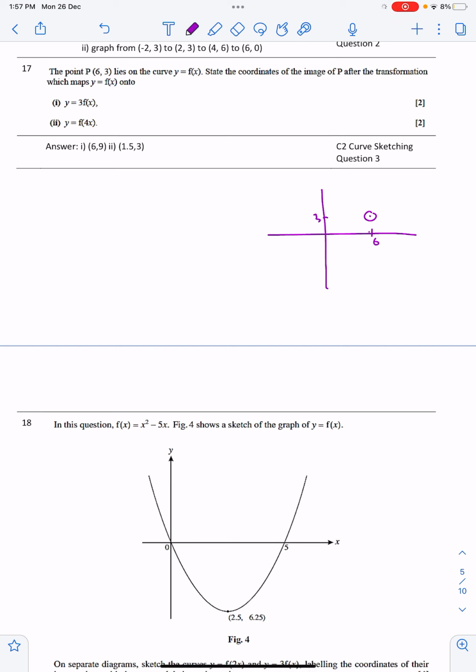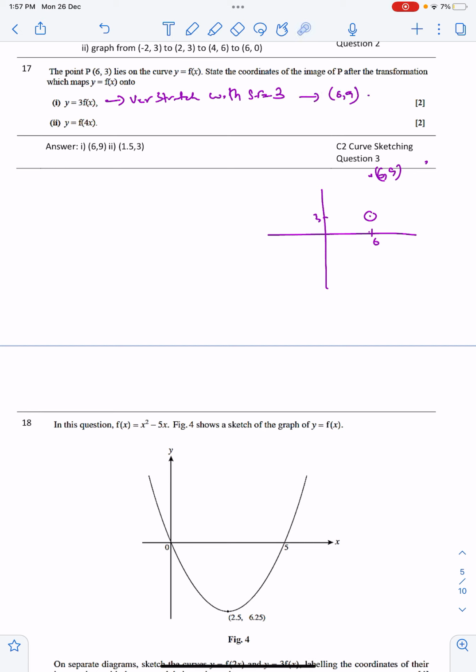That means it's a vertical stretch with stretch factor 3. So this point which is having a distance of 3 units from the x-axis is going to go on to triple the distance. Now it will go on to 6 comma 9. Okay, so the answer is going to be 6 comma 9.